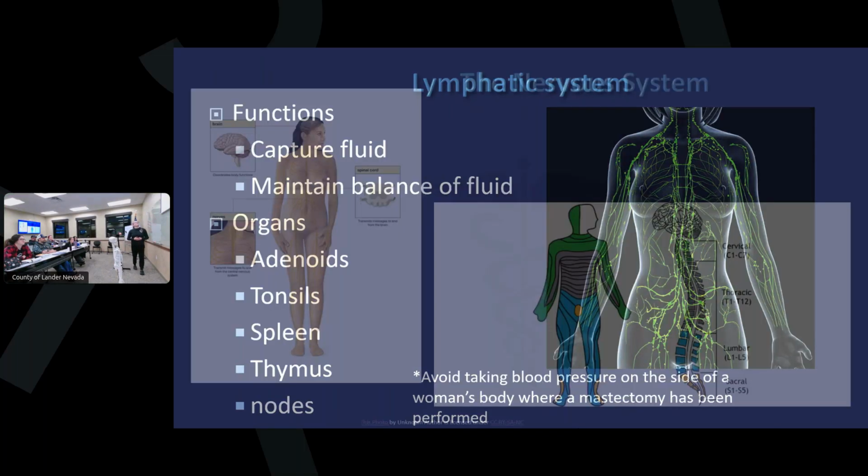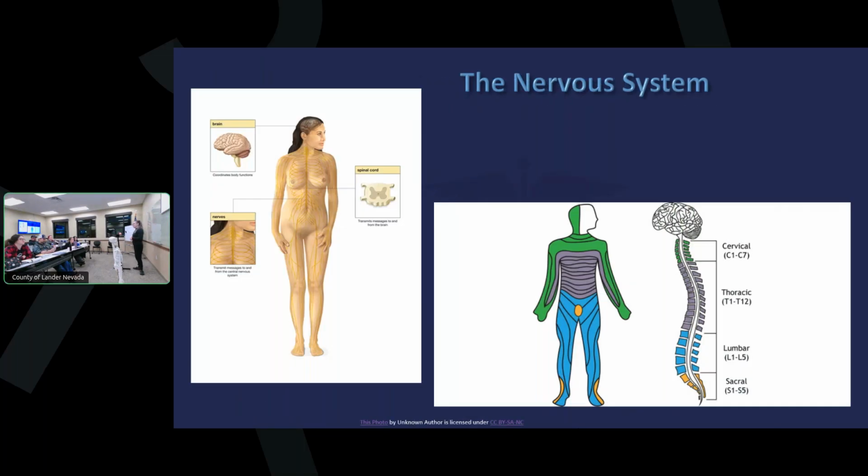So here's our nervous system. Our spinal cord is protected by our vertebrae, and then our nerves control pretty much everything. This little graph here shows that each color is related to what part of our spinal cord affects what part of our body.